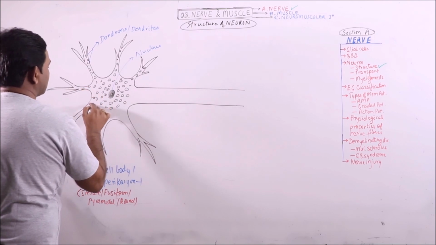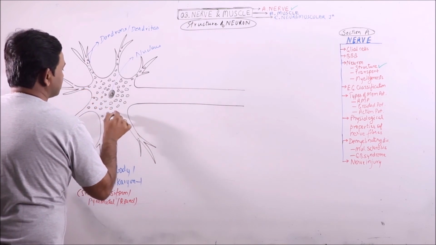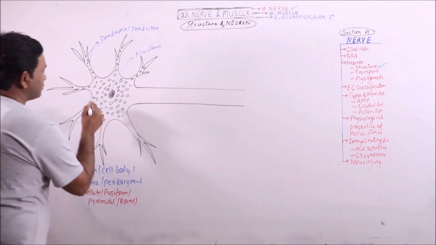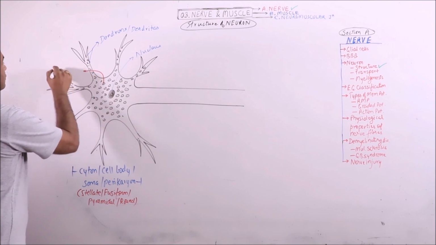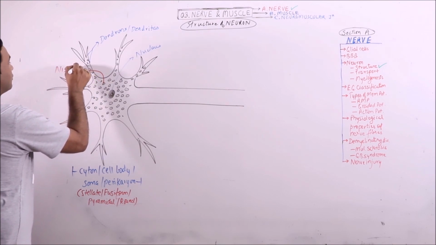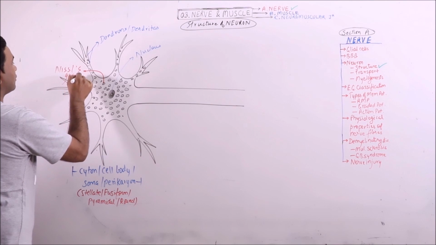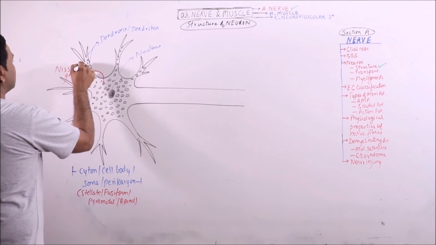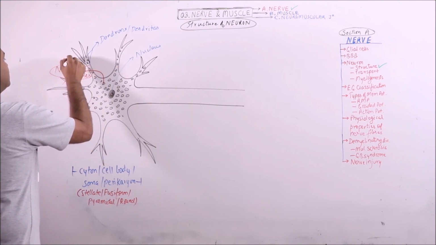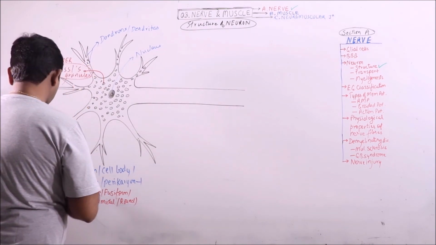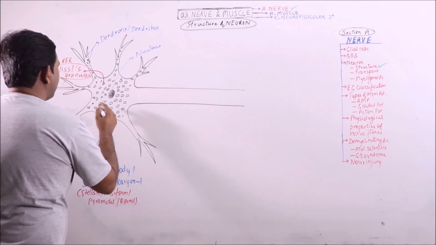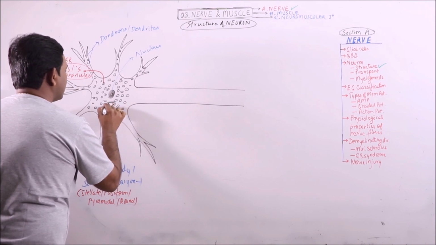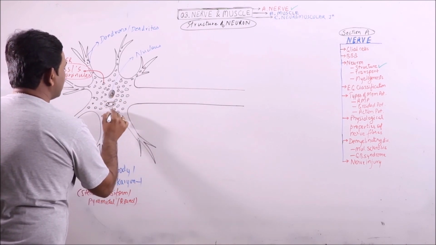These are known as Nissl's granules. So these are the site of protein synthesis. In addition, the cyton may also have mitochondria and the Golgi bodies.